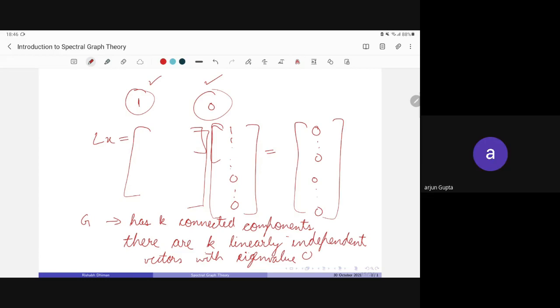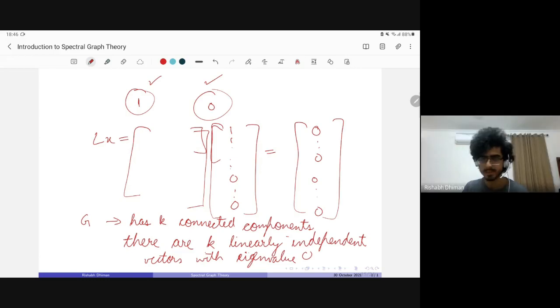Is it at least k or exactly k? Exactly k. And your construction is exactly the same as this. You just set it to be all ones in one component, then you set it to be all zero for everything else. In this manner you'll get k different linearly independent vectors.